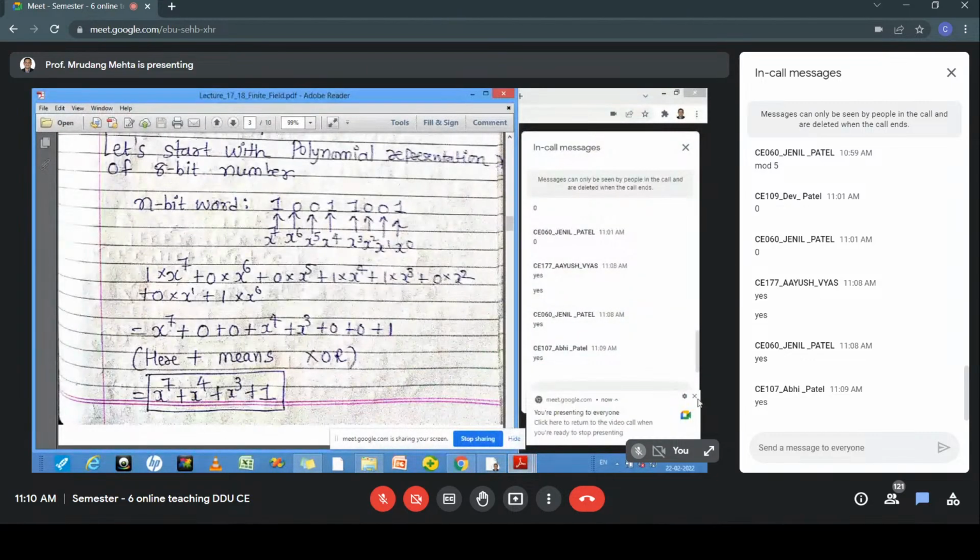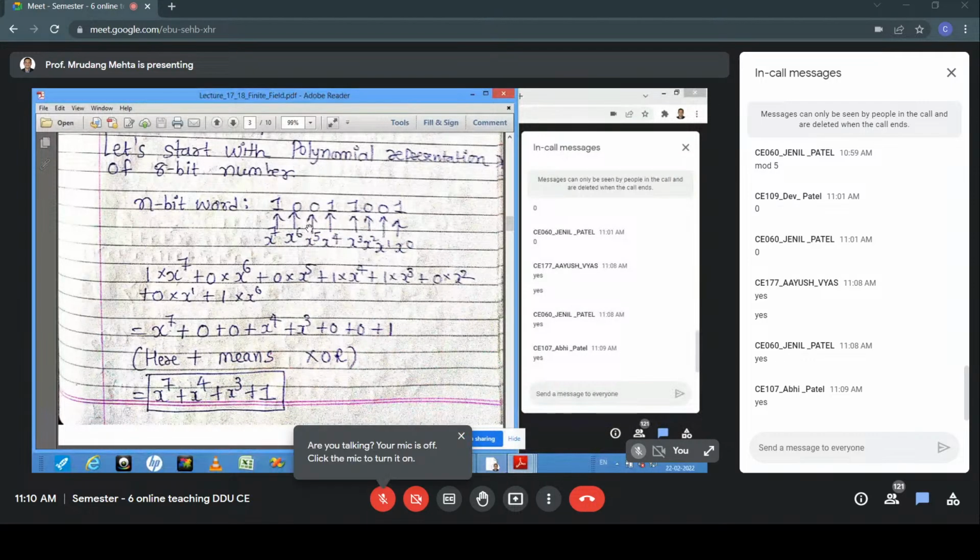Okay, now see what happens. Our 8-bit number is 1001 1001. Now we want to represent this number as a polynomial.